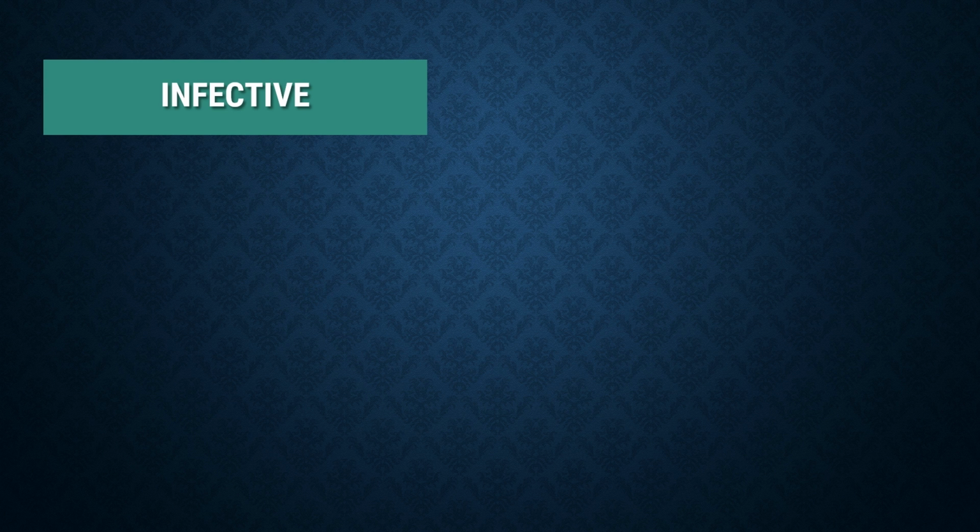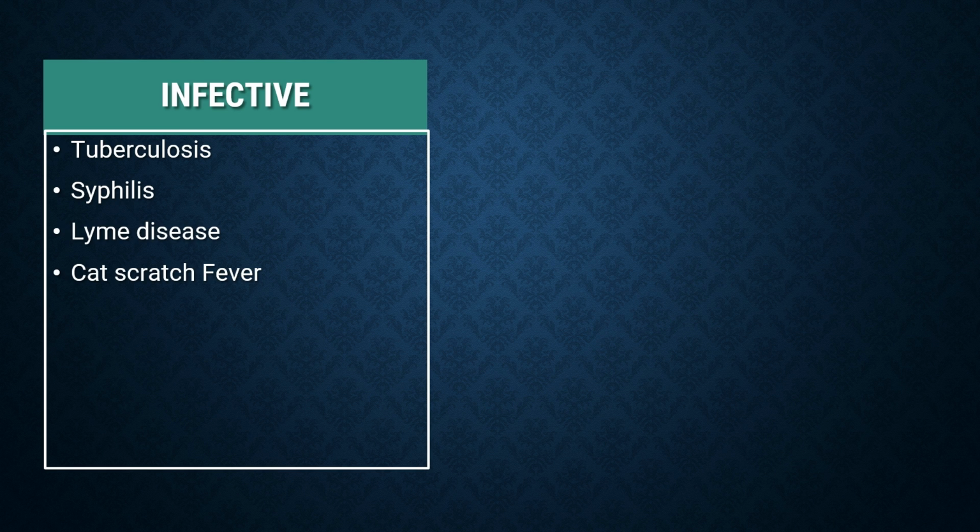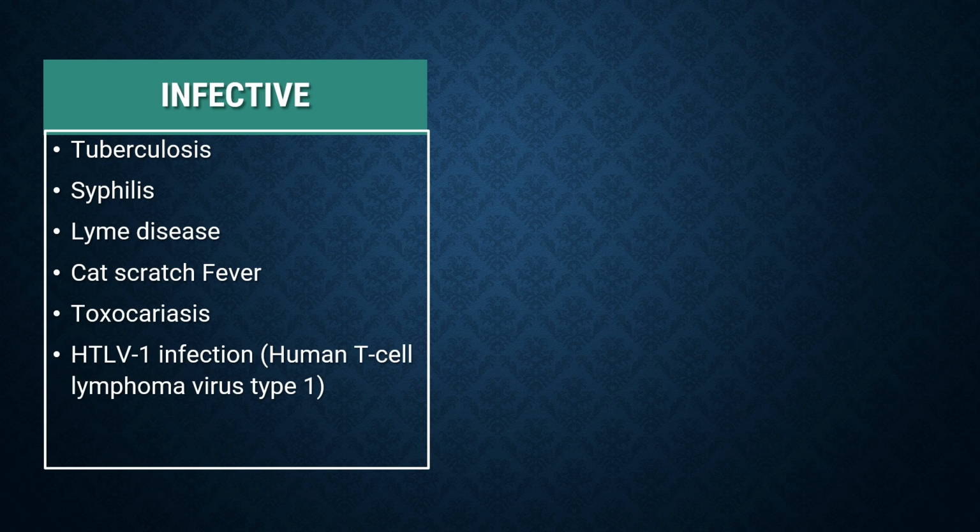Intermediate uveitis causes can be classified into infective causes and non-infective, or systemic, causes. Under the infective causes, the major infections that can cause intermediate uveitis are tuberculosis, syphilis, Lyme's disease, cat scratch fever, toxocariasis, and HTLV-1 infection. The most common in endemic areas, of course, is tuberculosis, and then we have this emerging infection, syphilis.